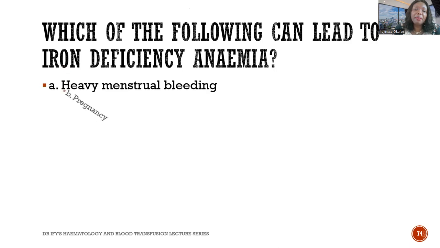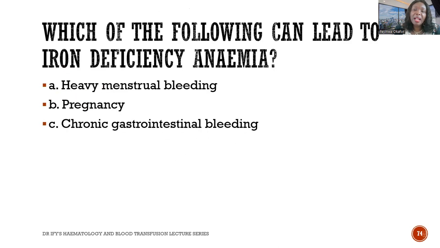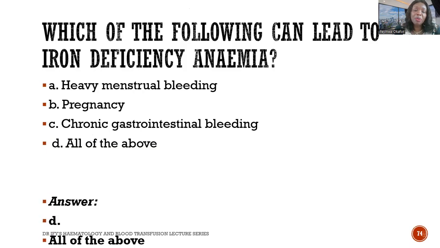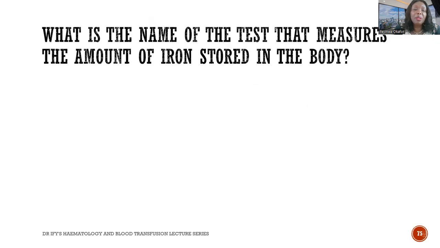Heavy menstrual bleeding, pregnancy, chronic gastrointestinal bleeding, all of the above. Answer D, all of the above can lead to iron deficiency anemia if the intake is less than what is needed. Iron deficiency anemia will eventually develop.